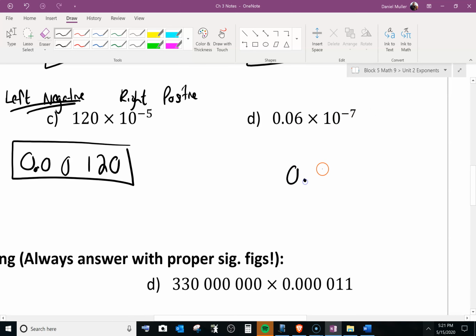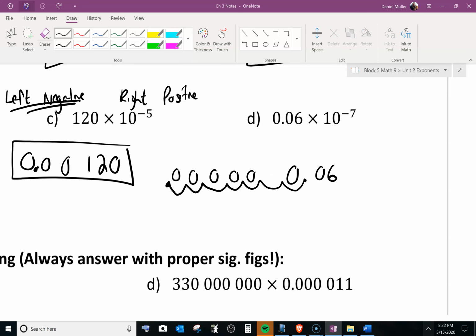It's 0.06. So this is my decimal place. I can move it left 7 times. 1, 2, 3, 4, 5, 6, 7. And every spot I'll fill in a 0. And there we go. Oops, I think it was there. I should just erase here and see what happened.